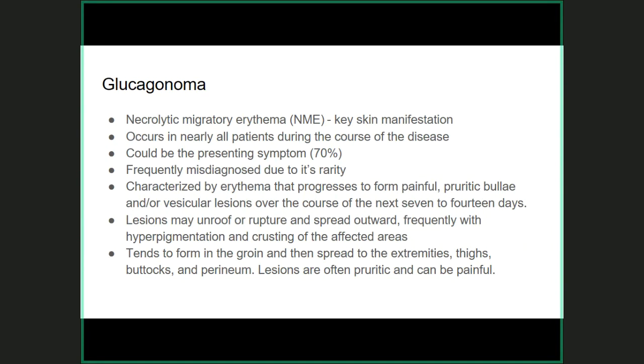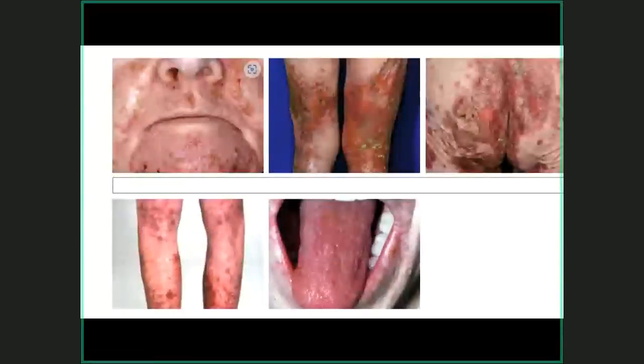It actually could be the presenting symptom in 70% and can be misdiagnosed due to its rarity. It's characterized by erythema that progresses to form painful pruritic bullae and vesicles, which progress over 7 to 14 days, a week to 2 weeks, and they might rupture and cause hyperpigmentation and crusting, much like some of these lesions.